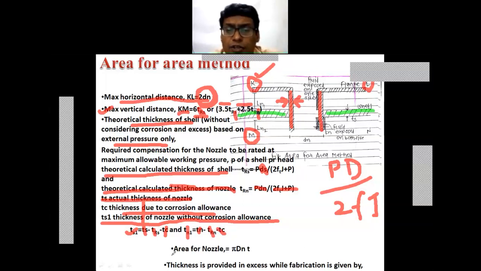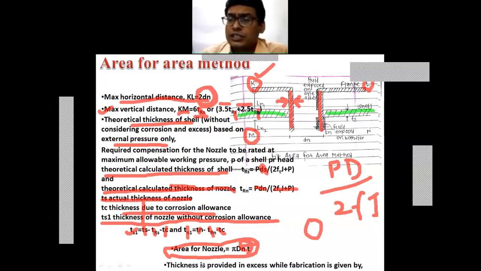And the area for the nozzle is pi dn into t, diameter of the nozzle into the thickness. This is the actual area of the nozzle that has been taken out. So the thickness provided in excess while fabrication is given by this.